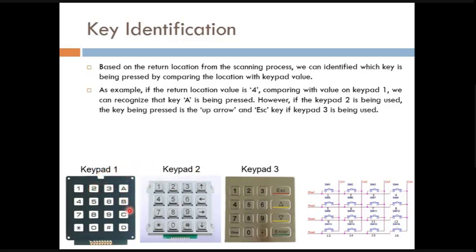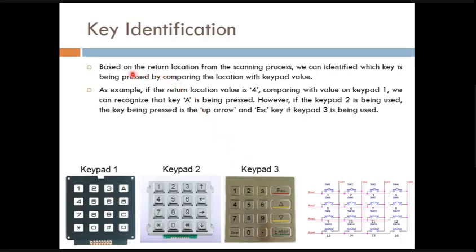Sometimes the value is A, sometimes the keys are arrows: up, down, left, right, and so on. Other than numbers, there are also specific functions that differ from the previous model. But the scanning method is still the same, whether you are using keypad 1, keypad 2, or keypad 3.